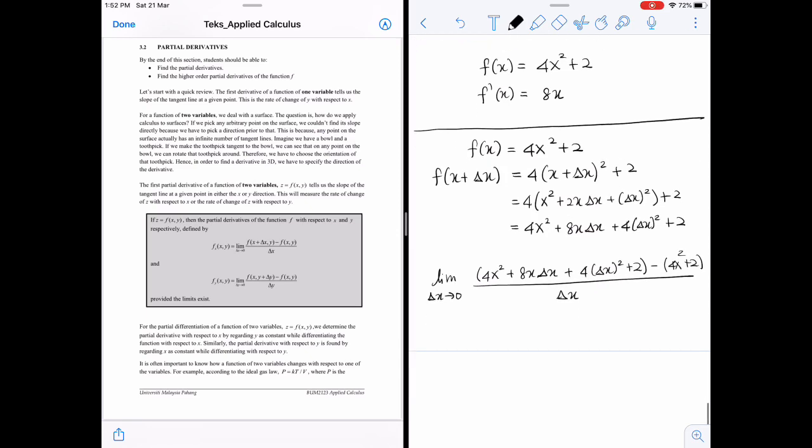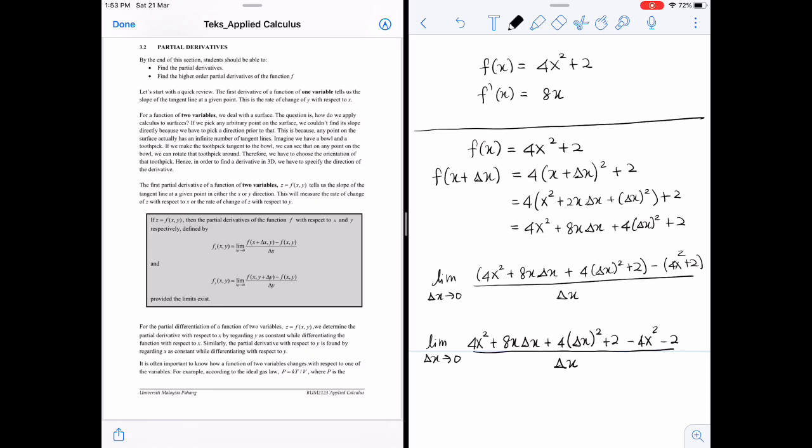So we open the bracket, and we will have the limit as delta x approaches 0 of 4x squared plus 8x delta x plus 4 times delta x squared plus 2 minus 4x squared minus 2, divided by delta x.